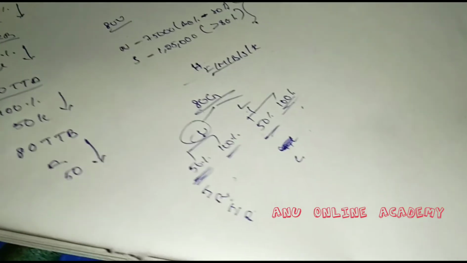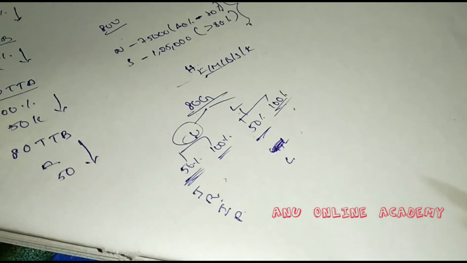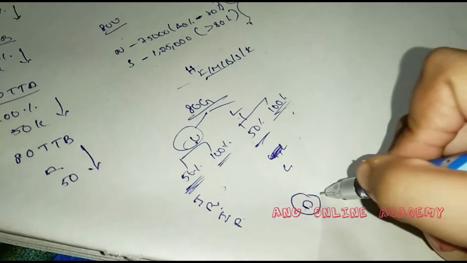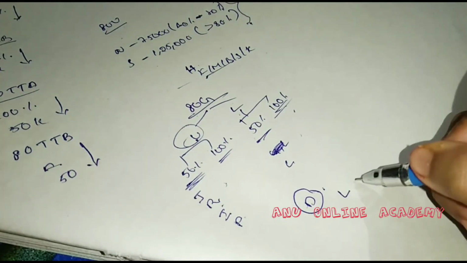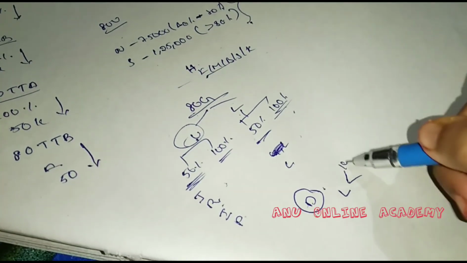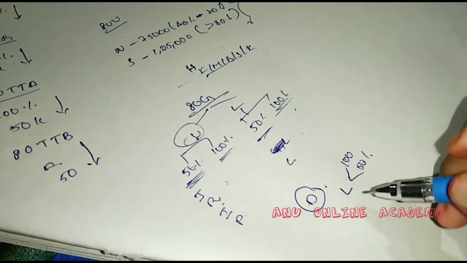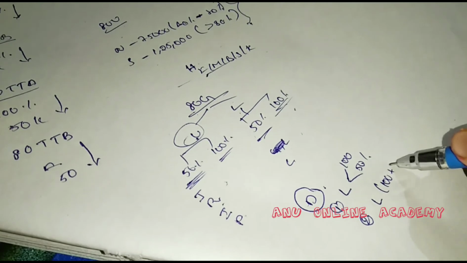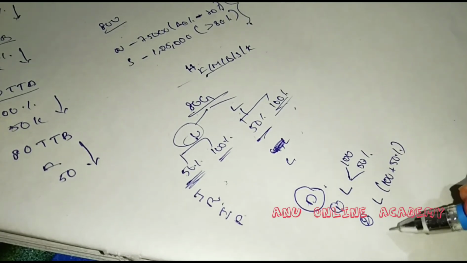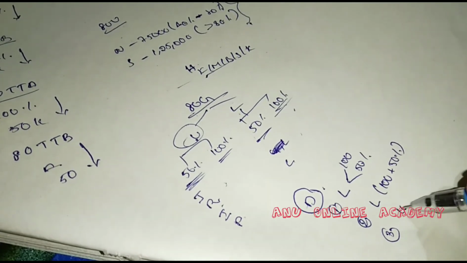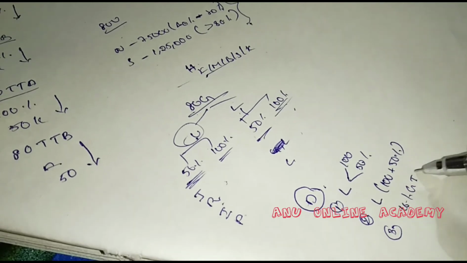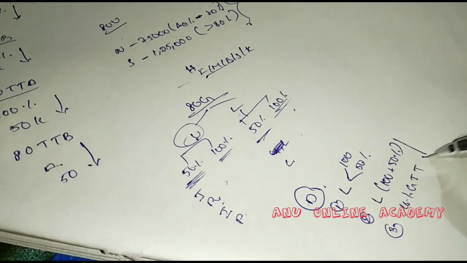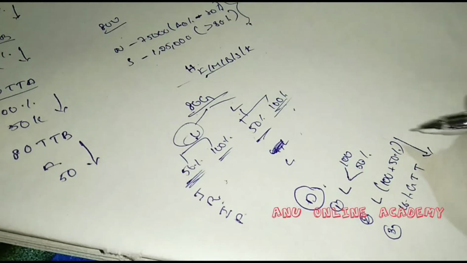Okay, and see the next, deduction allowed in limited 100% plus 50%, and maximum 10% of GTI, gross total income. We compare these two only, whichever is lower.